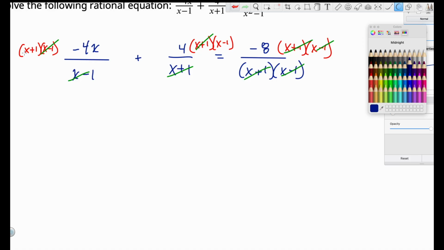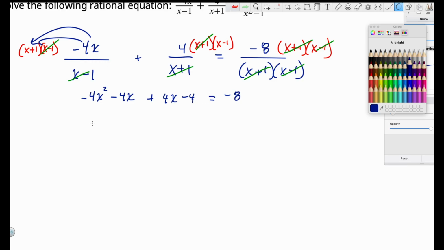So now, I've got x plus 1 times negative 4x. We got to distribute that. So we're going to get negative 4x squared minus 4x. I just distributed that into both of those terms in that binomial. And then over here, I've got 4 times x and 4 times negative 1. So that gives me 4x minus 4. And then over here, everything canceled. So I'm just left with the negative 8.